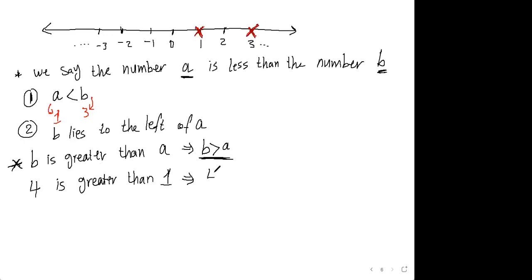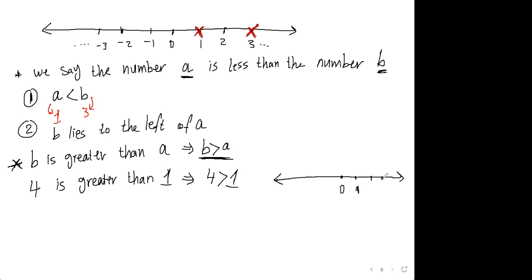If I want to show this on the real line, here this is 0. Here, number 1.